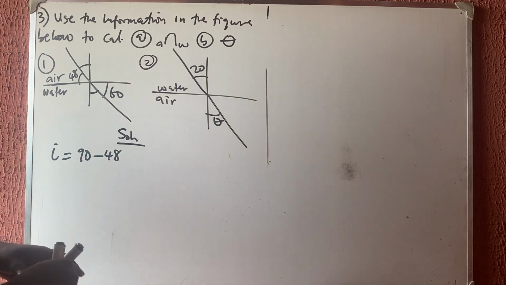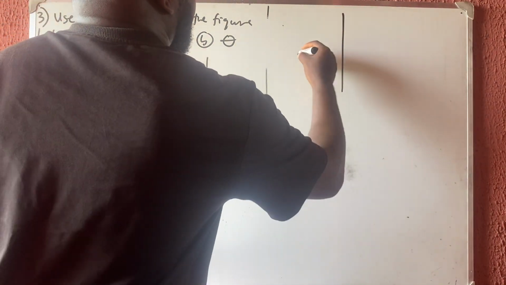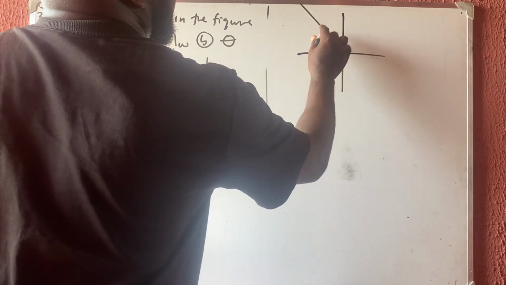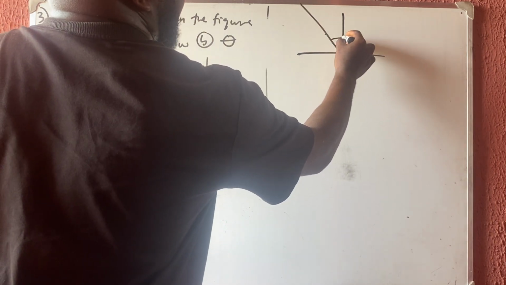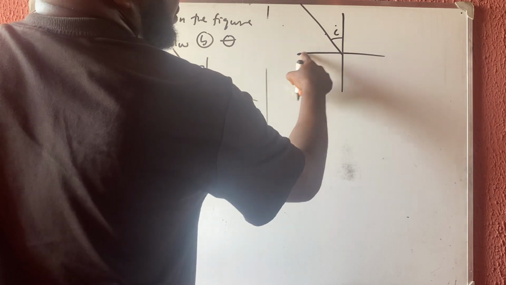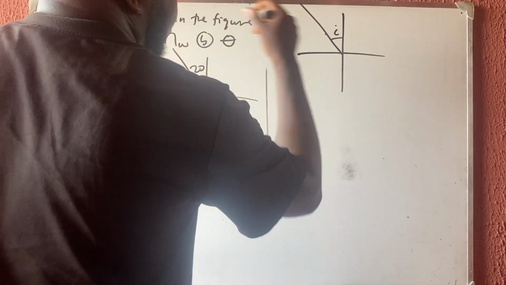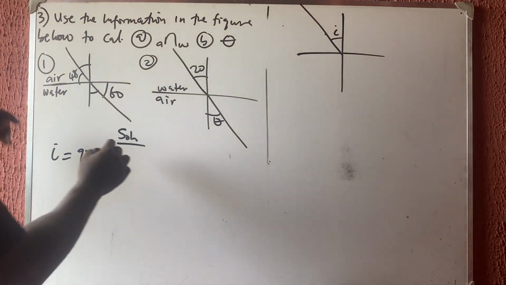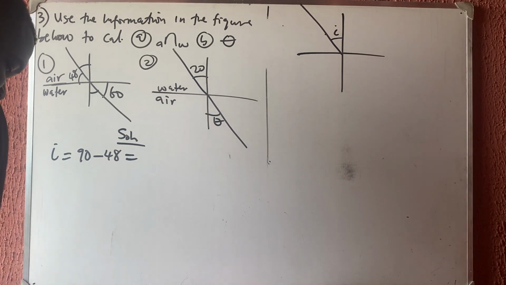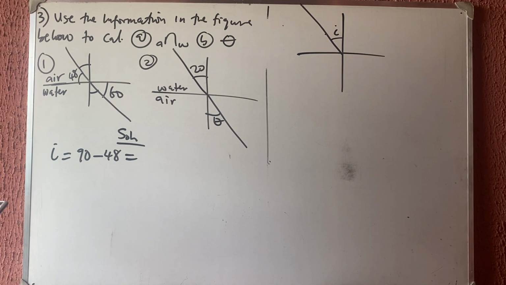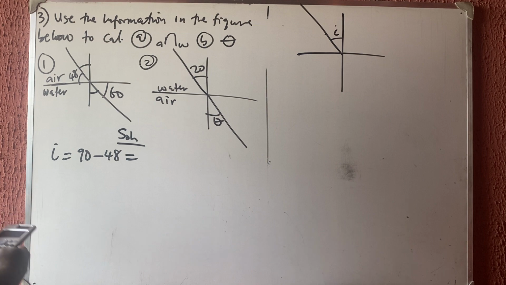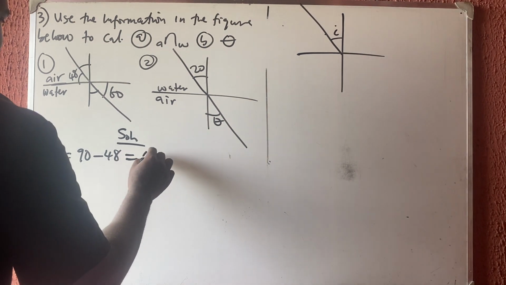My incident angle is the angle the incident ray makes with the normal, and not the one it makes with the interface. No, it is the one it makes with the normal. So my I here is going to be 90 minus 48. So what do I have? 42. So I have 42 here.